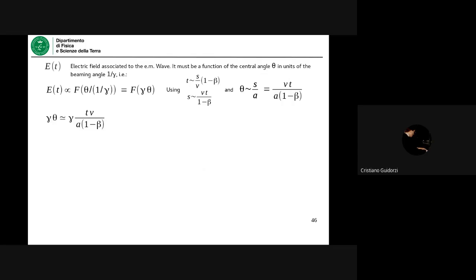So gamma theta now is gamma times this quantity depending on time. I just replaced theta with this expression. But again, 1 over beta, I remind you, is 1 over 2 gamma squared. So 2 gamma squared goes to the numerator, and you gain a factor of 2 gamma cubed V over A.